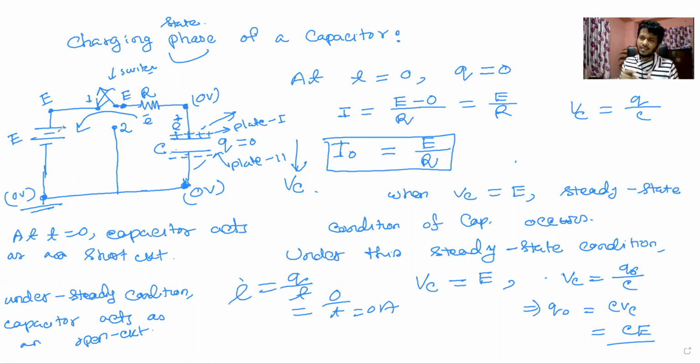Suppose this is a long time, so we can say that at time t equals to infinity, this steady state condition occurs. Why are we saying t equals to infinity? Because we do not know the time.